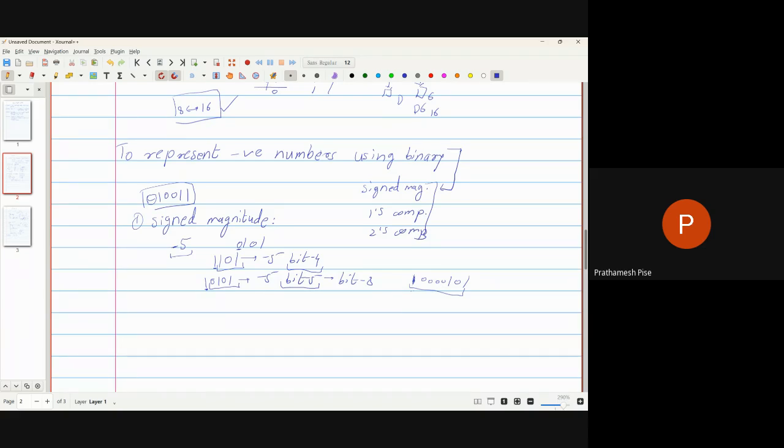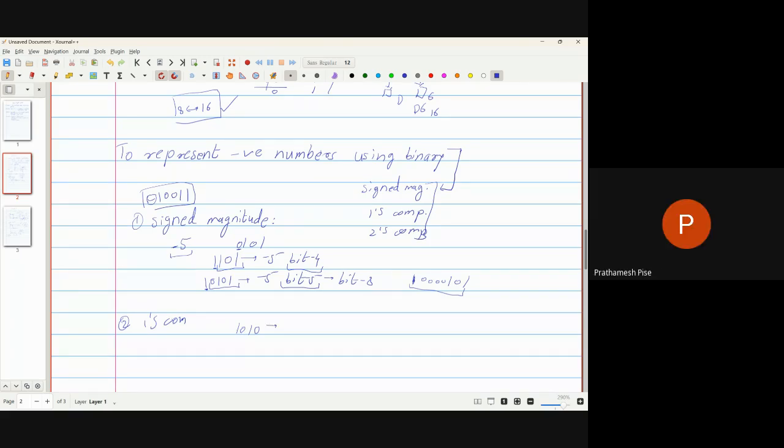See, what we do in 1's complement and 2's complement. If I give you a number like 1010, and I ask for the 1's complement of this number, what you will do is, sir, basically we will invert it.